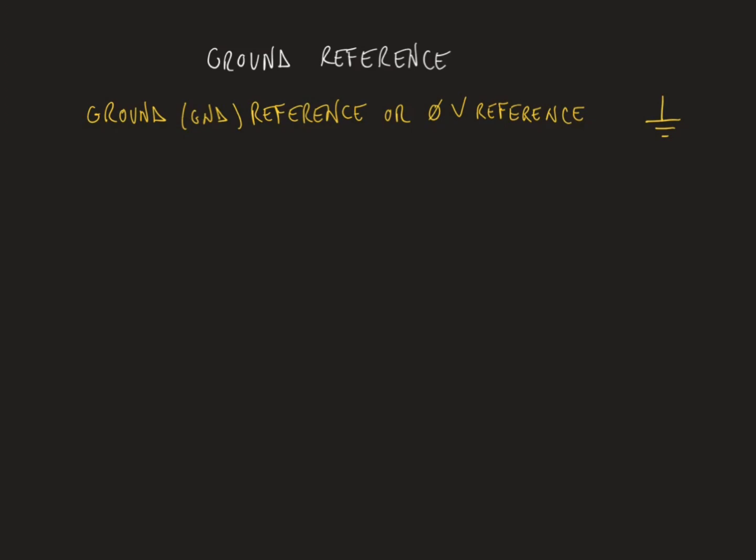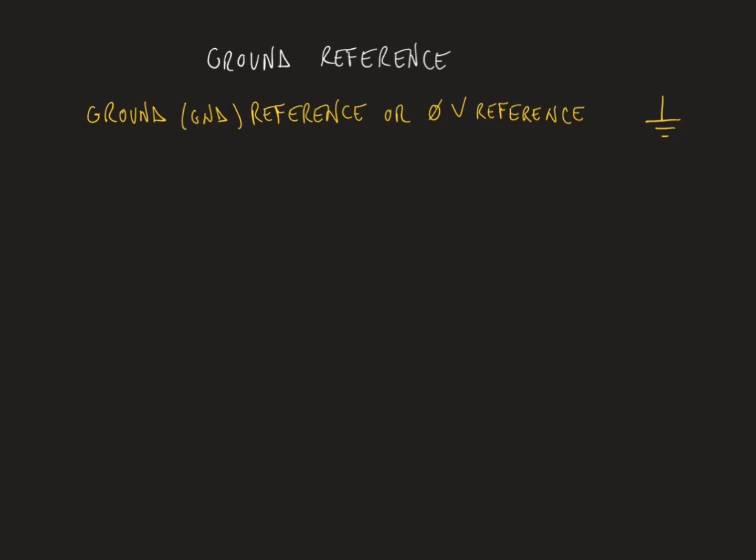The potential at any point in the circuit can therefore be measured with respect to this point. Actually, we cannot say, for instance, that a node in a circuit has a potential of 10 volts unless the ground reference has been defined in that same circuit. That node will have a 10 volt potential difference with respect to the ground node.